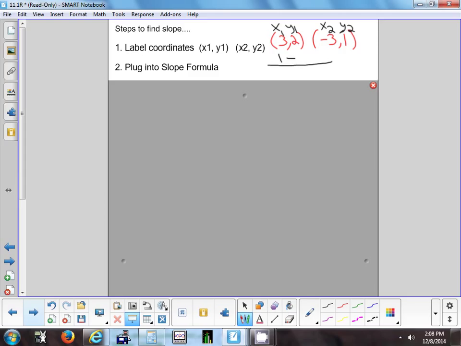So y2 minus y1, which is, what's the coordinate for y1, guys? Brian, what's the coordinate for y1? 2. And then on the bottom, I got x2, which is -3. And then what comes after that? Minus what? Which is? What are we doing? 3. All I'm doing there is I took my coordinates and I plugged them into my formula.